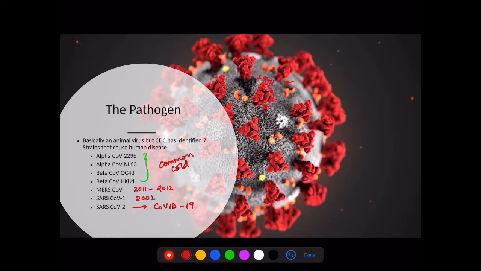And S glycoprotein is that glycoprotein which actually has got affinity for the angiotensin converting enzyme 2 on the type 2 pneumocytes in human alveoli, and which makes it quite easy for the virus to attach to the receptors and then go inside, replicate, and then cause the disease.